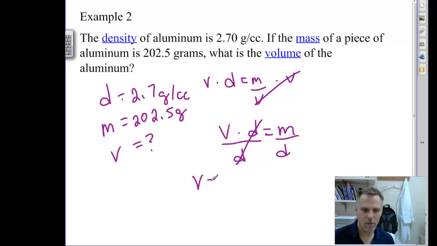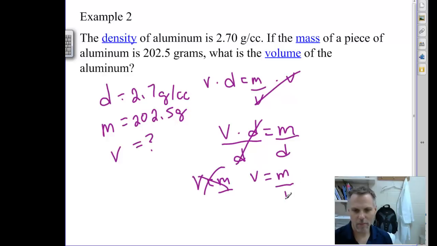So V equals M divided by D, and we're going to get 202.5 grams divided by 2.7 grams per centimeter cubed.